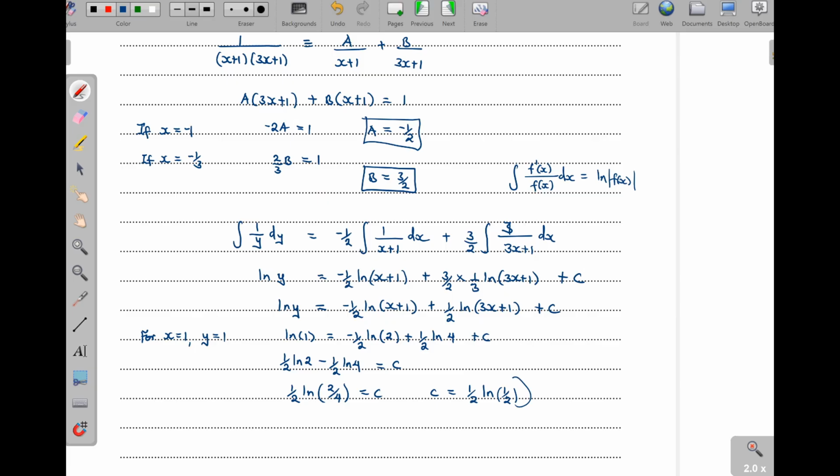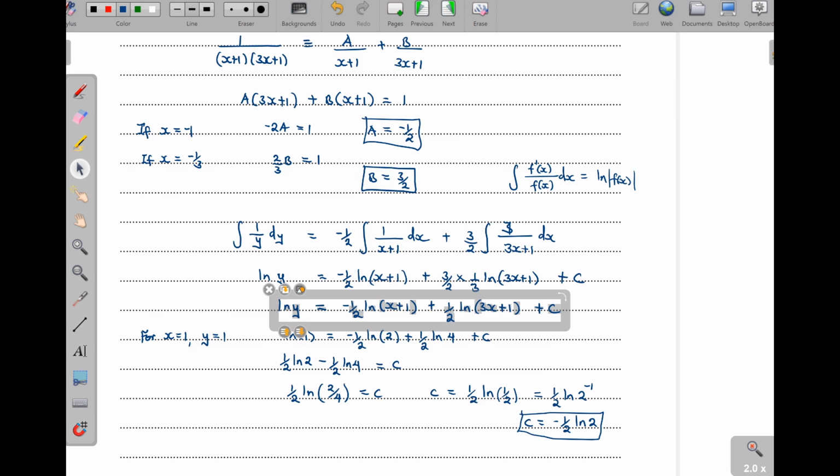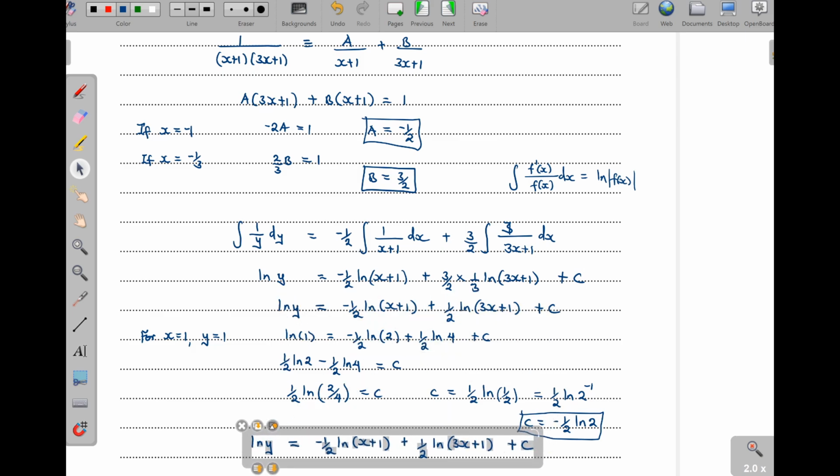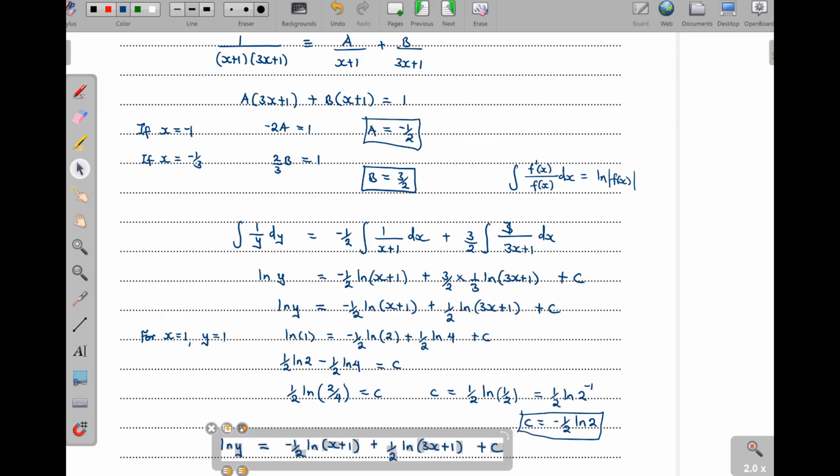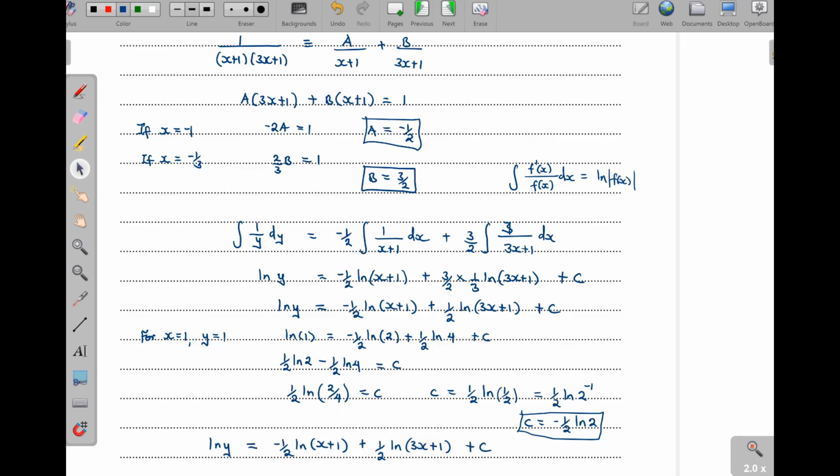If you want, you can take this one up, then you write a half, then natural log of 2 power negative 1, and then this one becomes negative a half, then natural log of 2. You see that? So that means that our particular solution, I'm going to take this one down like this, but where there is c, I'm going to put what?